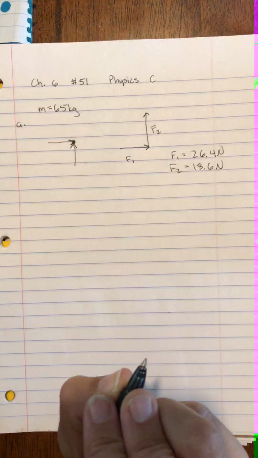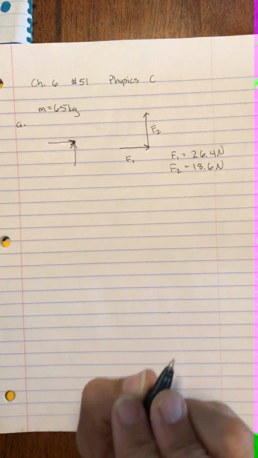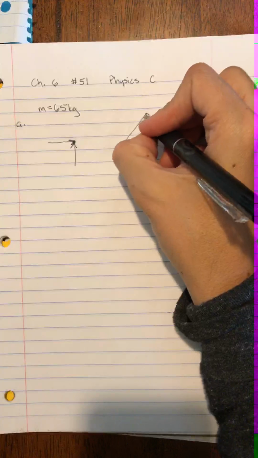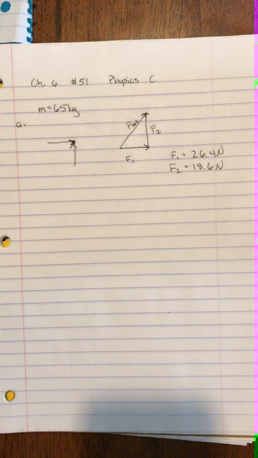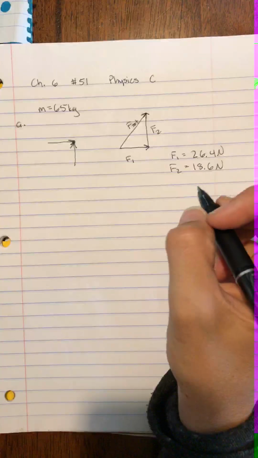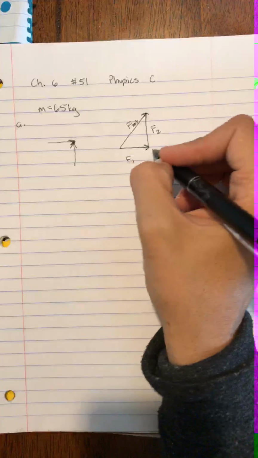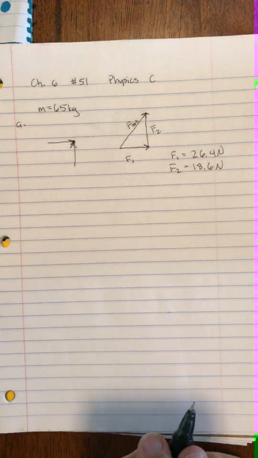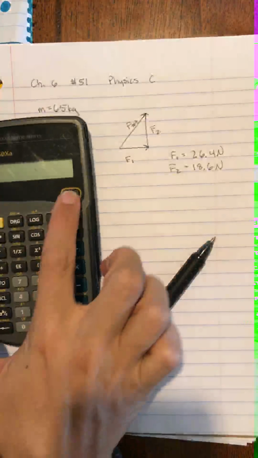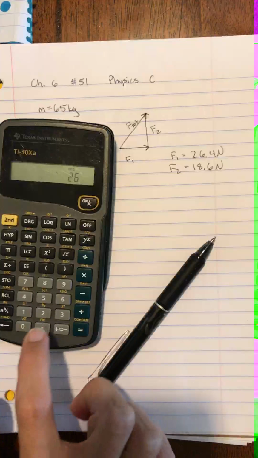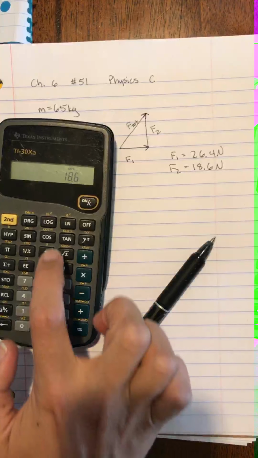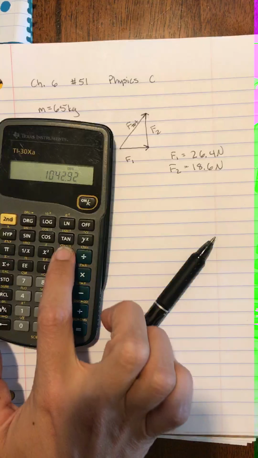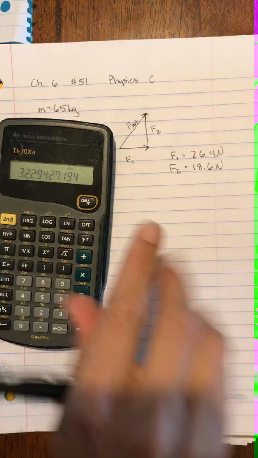And it wants to know the direction and the magnitude of F total. Okay, so first we can just use the Pythagorean theorem to figure out the magnitude of F total. So 26.4 squared plus 18.6 squared equals about 1,000, and the square root of that is about 32.3.